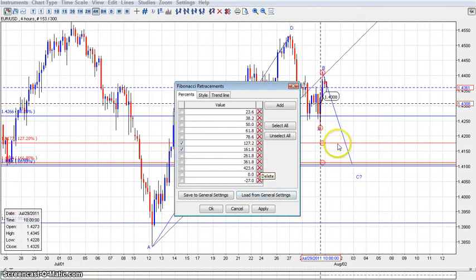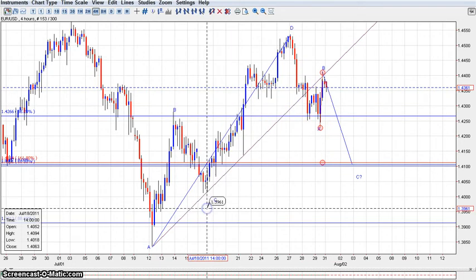The 127 doesn't converge with any price level whatsoever, so we can eliminate that. And the 161.8 is very close to the 61.8 retracement of the AD leg, and the 100% of the wave A leg projected from the B point.